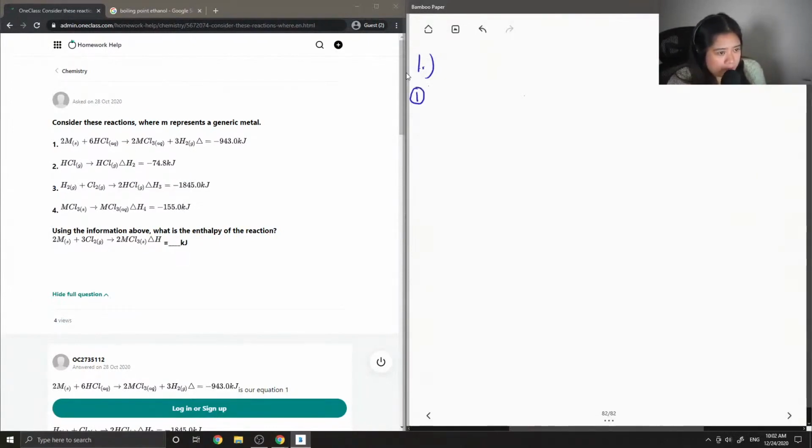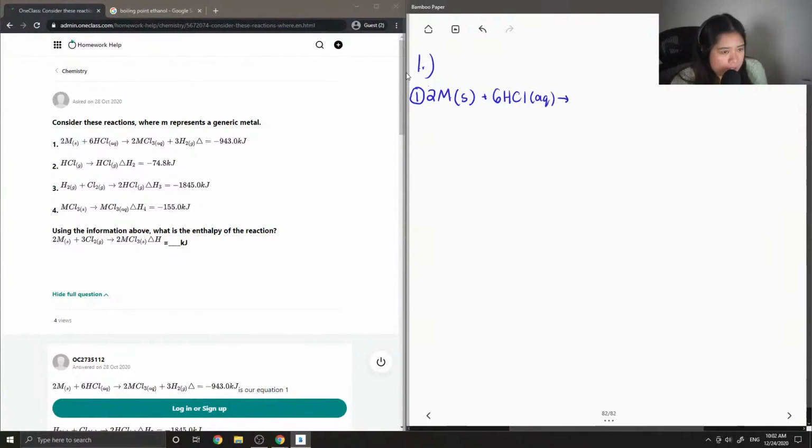So reaction 1 is 2M solid, which is a generic metal. So everything is already balanced, so we don't need to balance them.